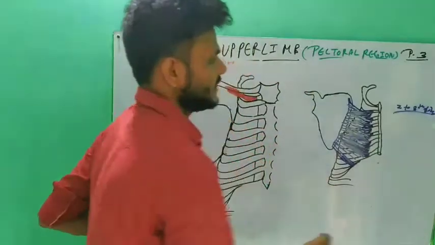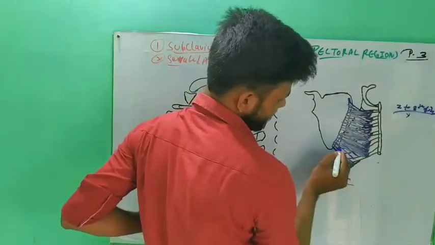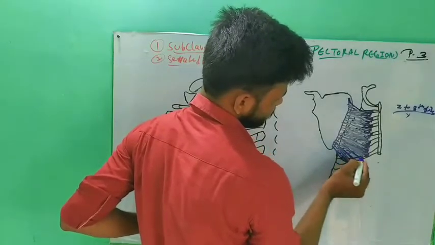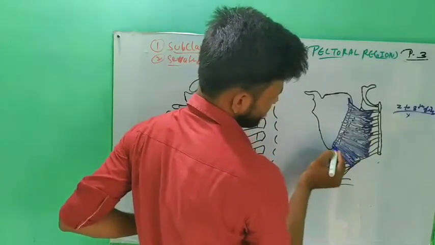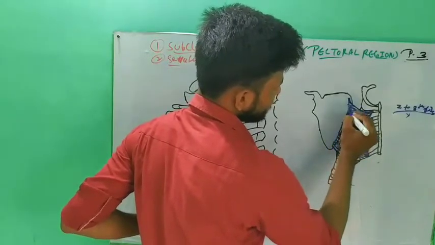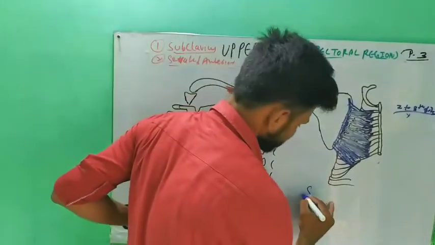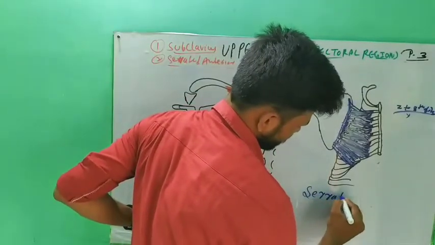It arises from the 2nd to 8th ribs with their intercostal spaces, which is the origin of the serratus anterior muscle, and is inserted into the medial border of the costal surface of the scapula. This is the serratus anterior muscle.